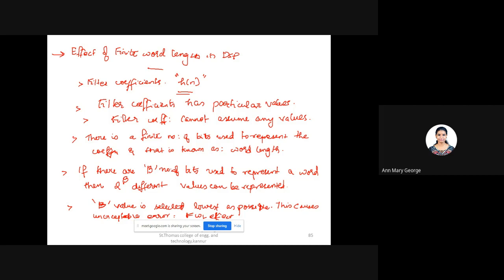When the number of bits needed to represent the filter coefficient, this b value, is selected lowest considering the economical reasons, this causes an unacceptable error known as finite word length effect. Have you understood this much?